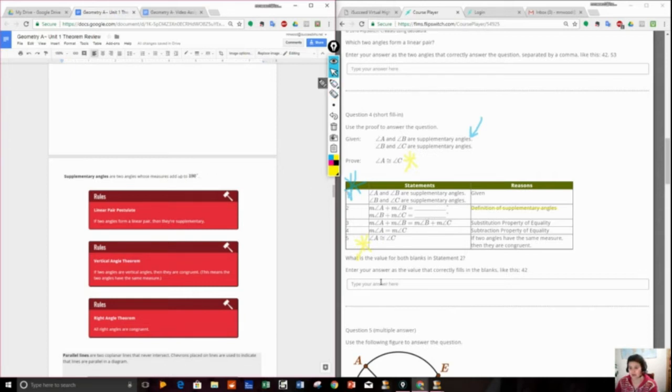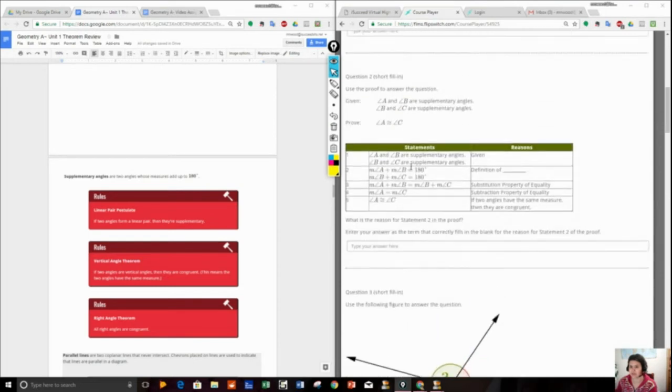So that is what goes in those blanks. What is the value for both blanks in statement 2? Because the reason was definition of supplementary angles. The definition of supplementary angles is that two angles whose measures add up to 180 degrees. So that's how I would navigate that proof.